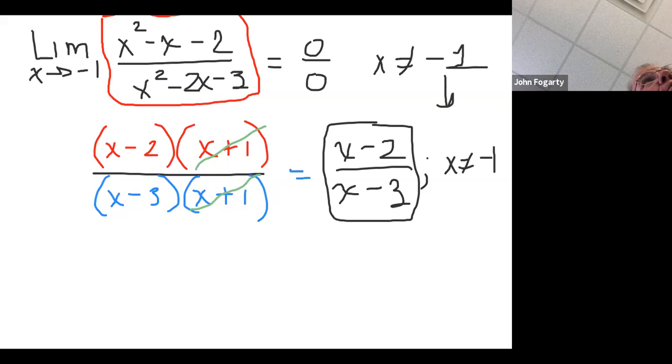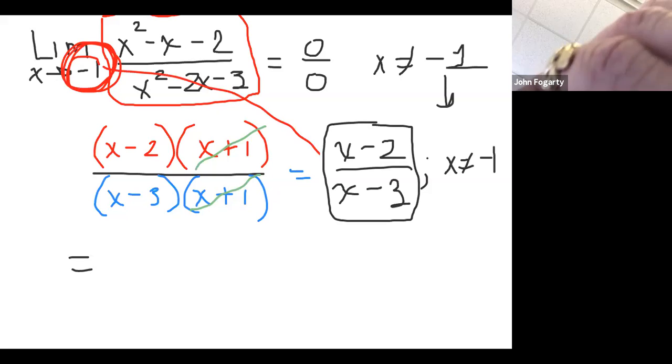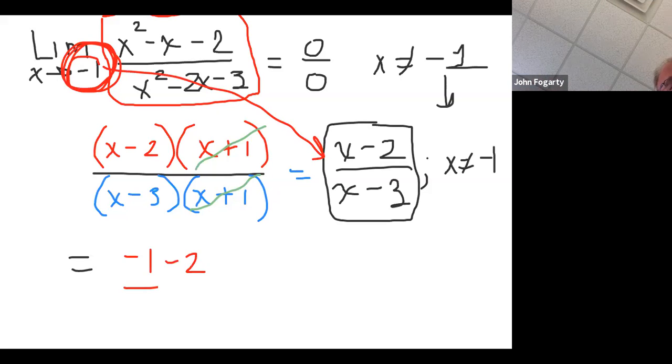Well, now I have a different form. So now I'm going to substitute. I'm going to take my -1 and put it into my new form. So I got -1 minus 2 over -1 minus 3. This becomes -3 over -4, and negative over a negative is positive.